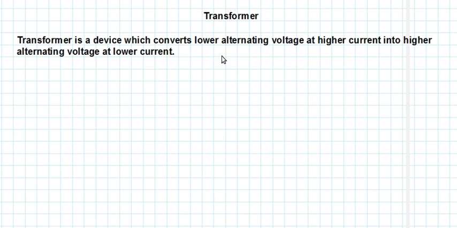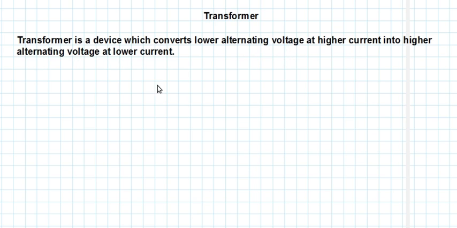So it is a device that converts a lower alternating voltage into a higher alternating voltage. At the same time, the current will be lower when the voltage has been amplified into a higher value.